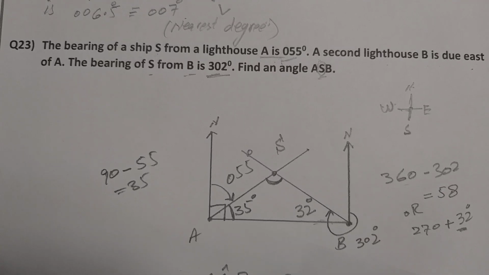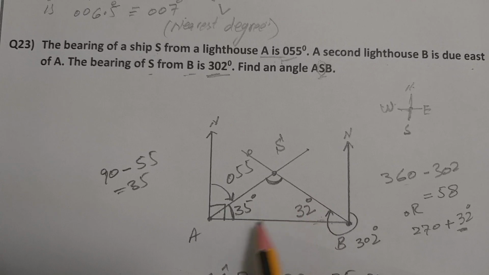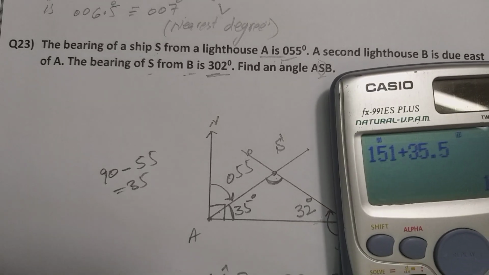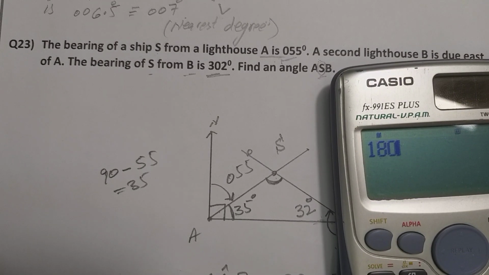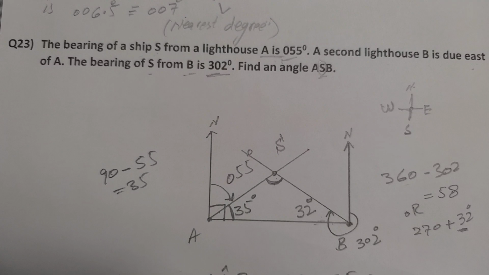So 180 minus 35 minus 32, subtracting the rest of the angles, you can find this angle, which gives you 113. So the angle is 113 degrees.